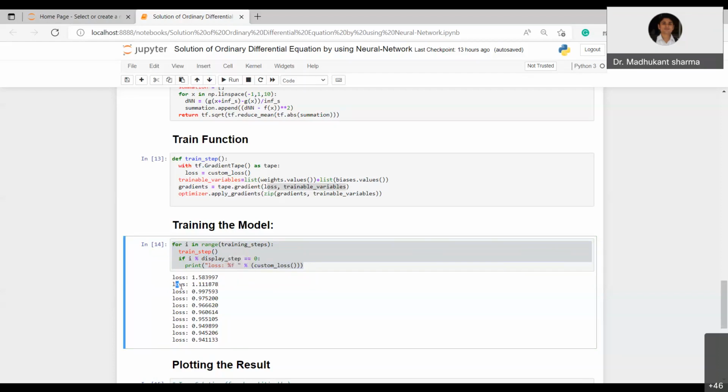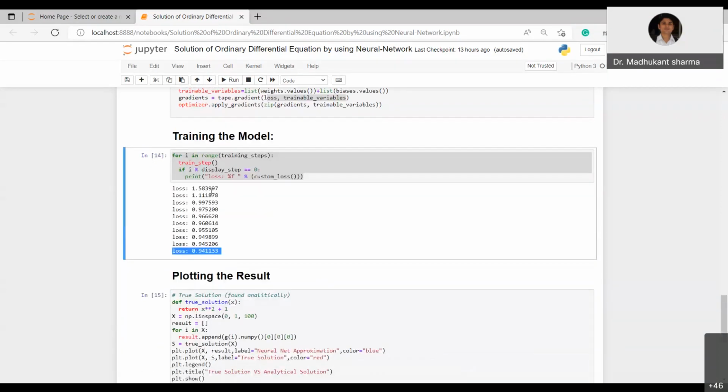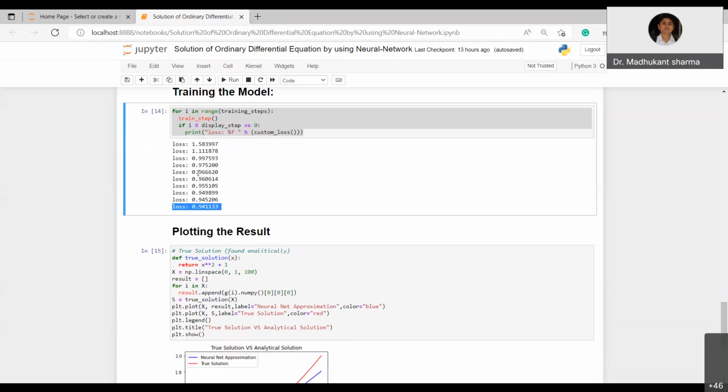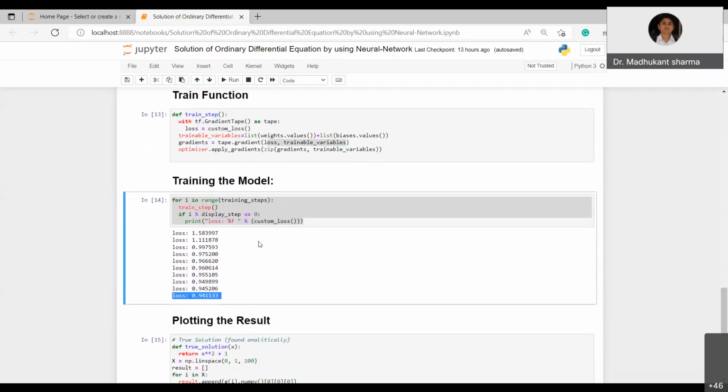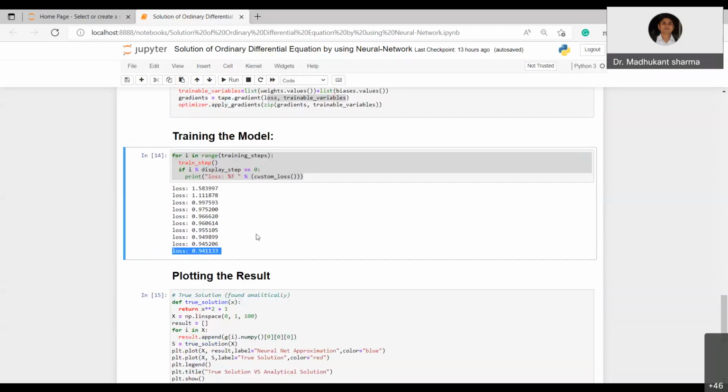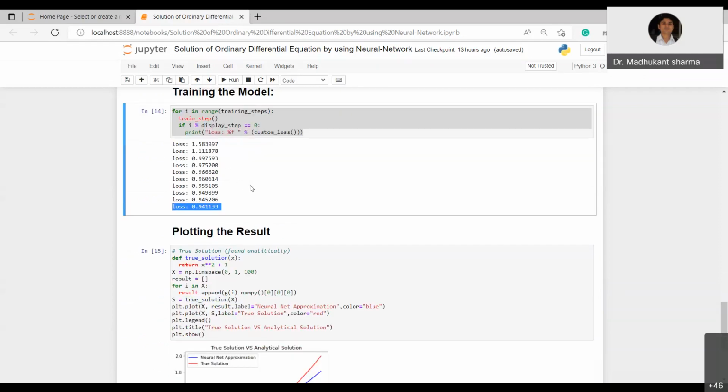Again, this loss is for 1000 steps, and so on up to 5,000 steps. The first is 1.5, then 1.58, then 1.1, then 0.9, and so on up to 0.94. So the loss is decreasing. After increasing the steps, our loss decreases, so we are finding the optimum loss here.